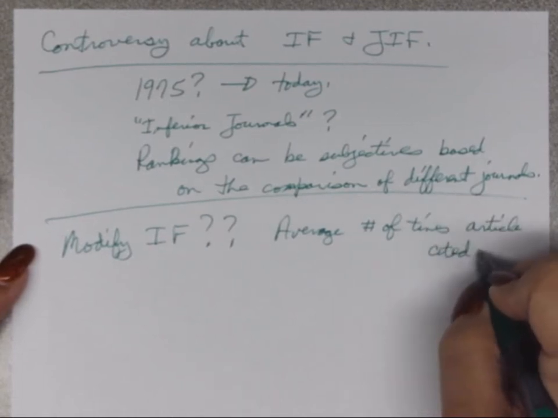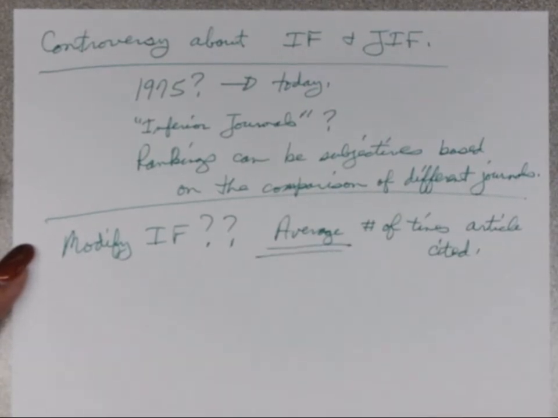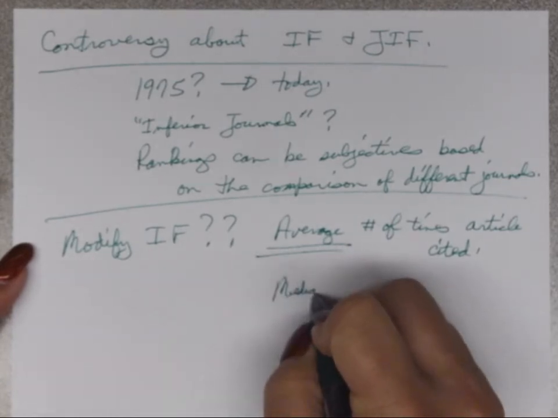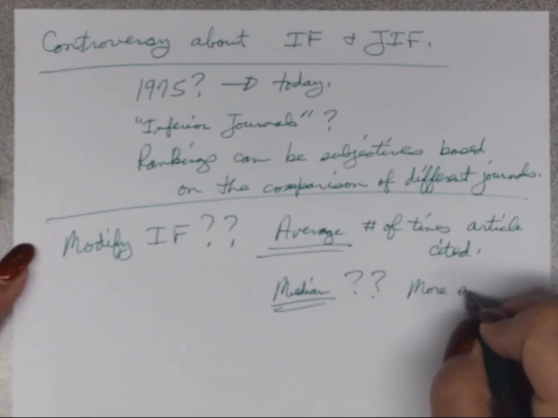And there are a lot of people who say, well, it's an average, but this isn't normal data, okay? And if you're a stats person, then you know that that's kind of a no-no. So it's not normal data, so why would we take an average? Maybe instead we should take a median. Does that make more statistical sense?